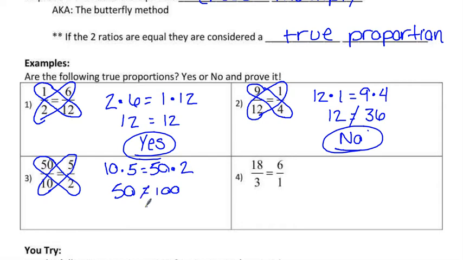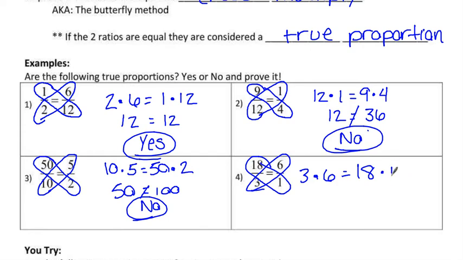And those are not equal to each other, so it is not a true proportion. And then the last one, we'll do 3 times 6, and we'll set it equal to the other way, which is 18 times 1. 3 times 6 is 18. 18 times 1 is 18. They come out to be equal, so yes, this is a true proportion.